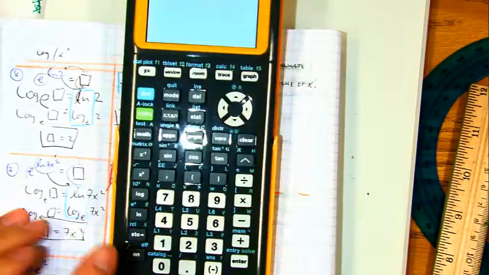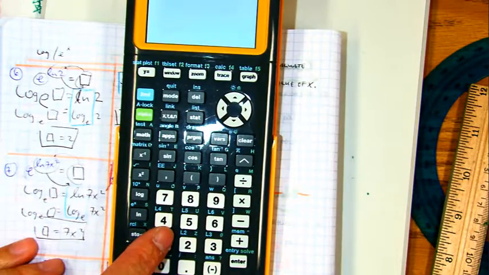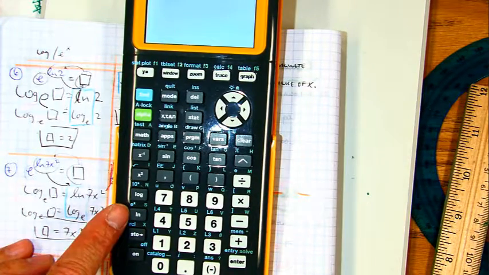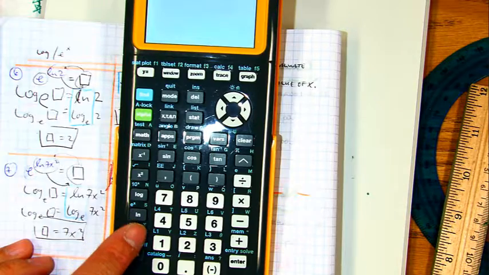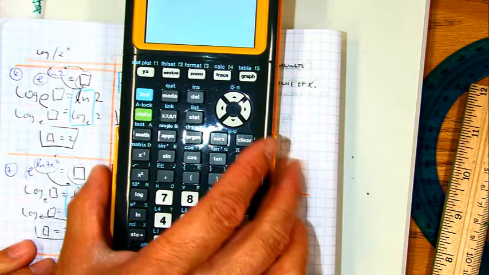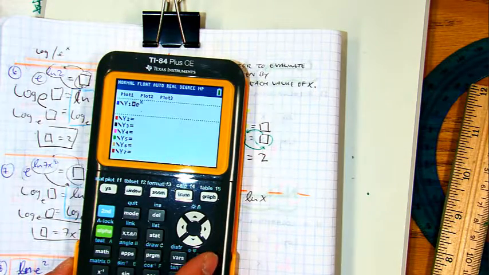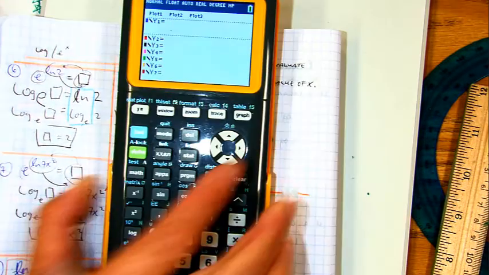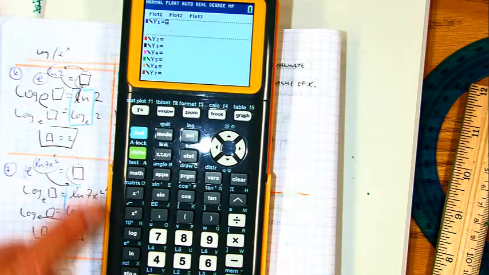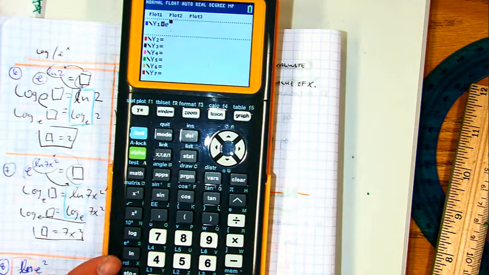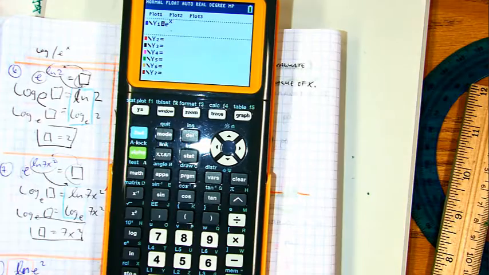The buttons we're going to be using today are next to the number 4. E is in blue, and then the natural log is in gray and white. Okay, so I'm going to go to y equals, and type in e. So second natural log, and then I need a variable, so you're going to put in x.